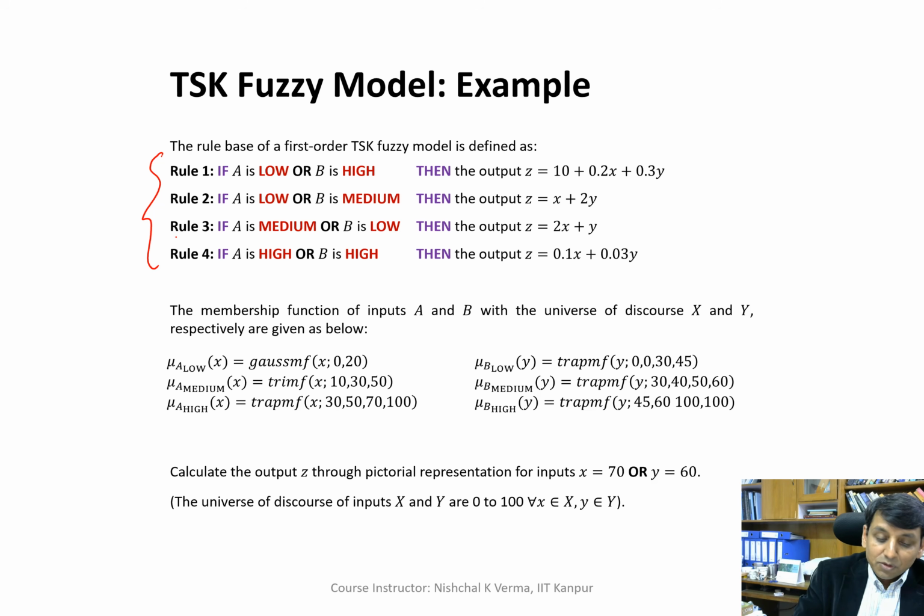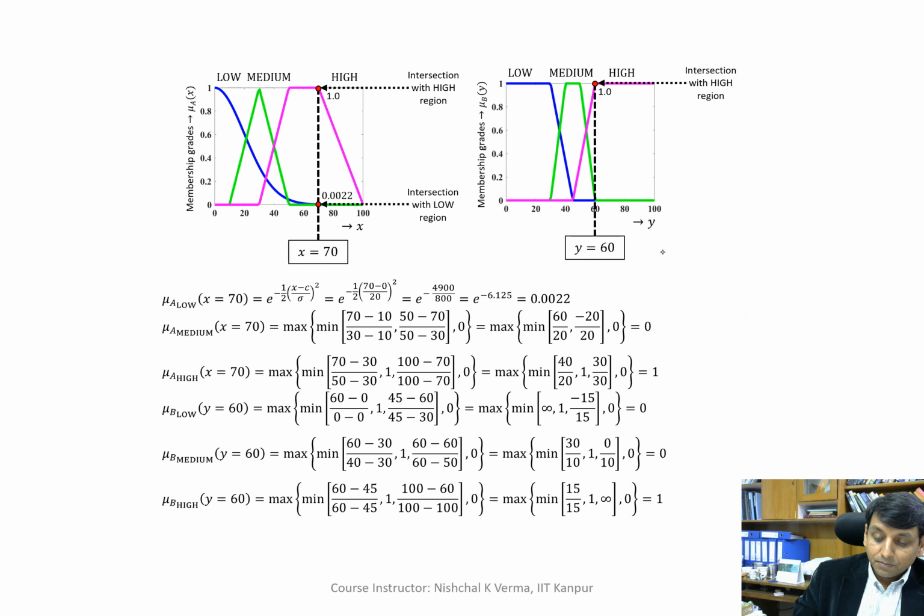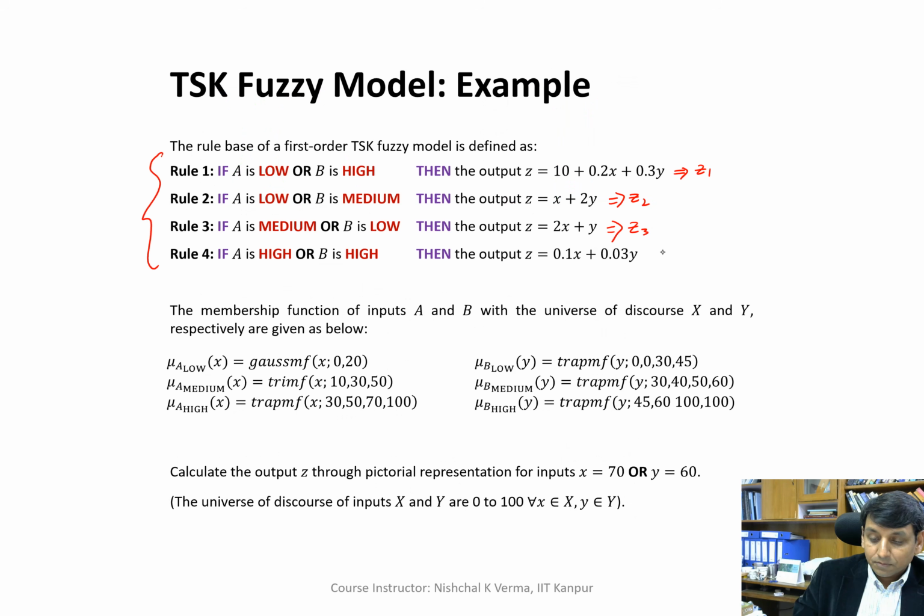All the rules have different outputs. So this is Z1, this is Z2, this is Z3, and this is giving us Z4.